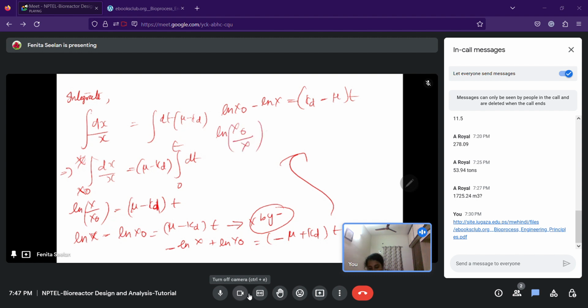So this is how, if we multiply this equation by minus, to get the closest option, actually the first option is not given here.